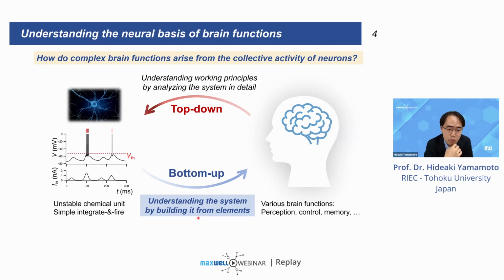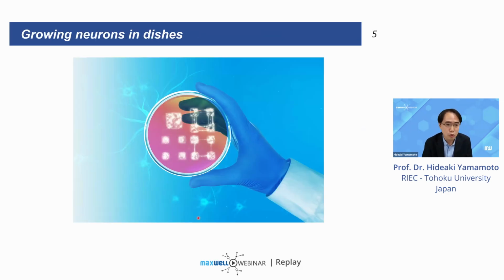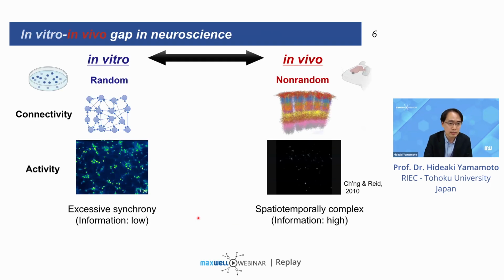And here, one of the important tools in studying the brain in this bottom-up manner is the technology of growing neurons in dishes. But when we culture neurons in dishes, the neurons tend to connect randomly with each other, and the network starts to produce a strong bursting activity that is excessively synchronized across the network.